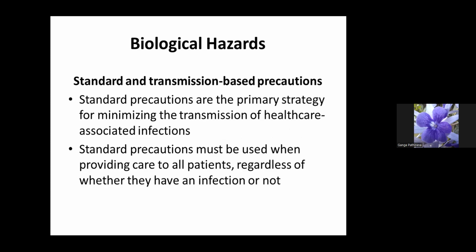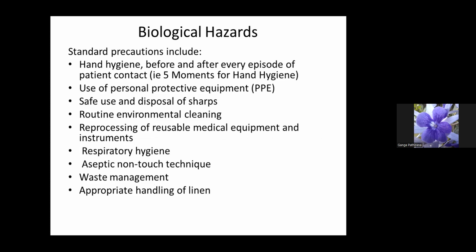What are standard and transmission-based precautions? They are the primary strategy for minimizing the transmission of healthcare-associated infection. Standard precautions must be used when providing care to all patients, regardless of whether they have an infection or not. Standard precautions include hand hygiene before and after every episode of patient contact.